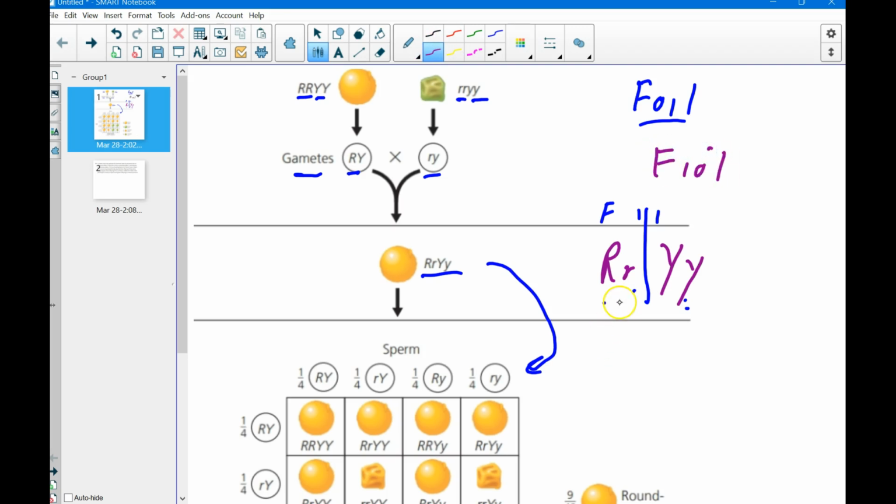So first would be the big R, the big Y. The inside will be the small r, the big Y. The outside will be the big R and the small y.